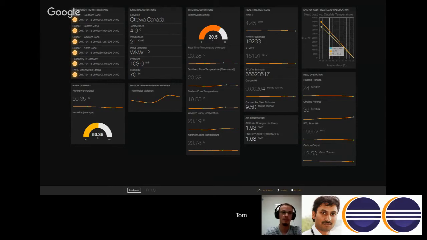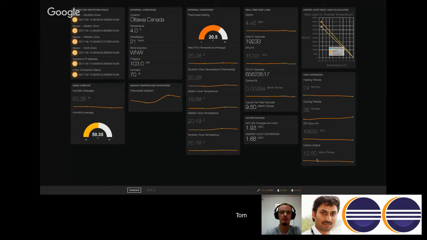What we've got here is environmental data coming in from Environment Canada, and then we've got 4 sensors deployed throughout my home, and then we use formulas to essentially calculate how many BTUs my home is burning, and essentially the carbon output of my home, which is coming in at about 12.5 metric tons for my heating at this time.